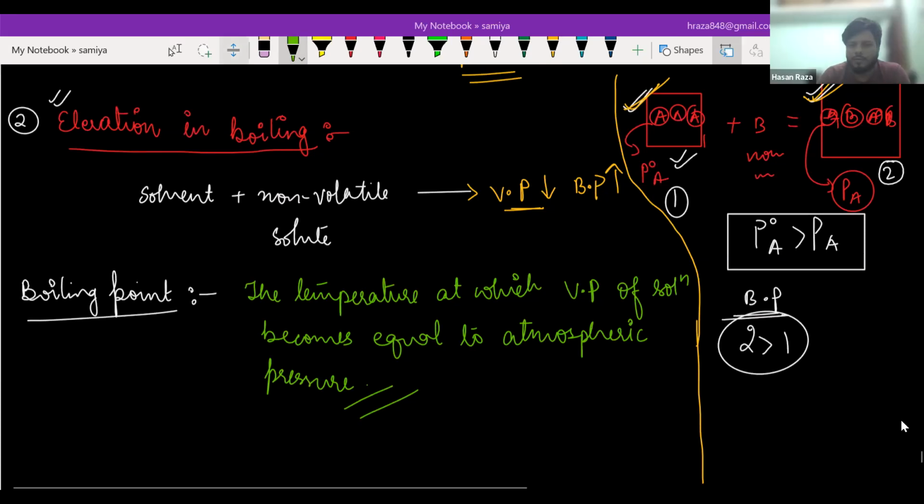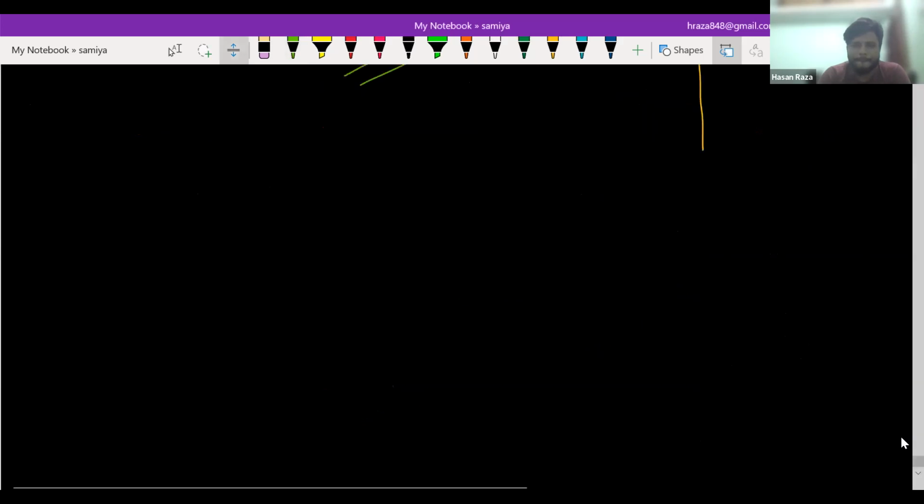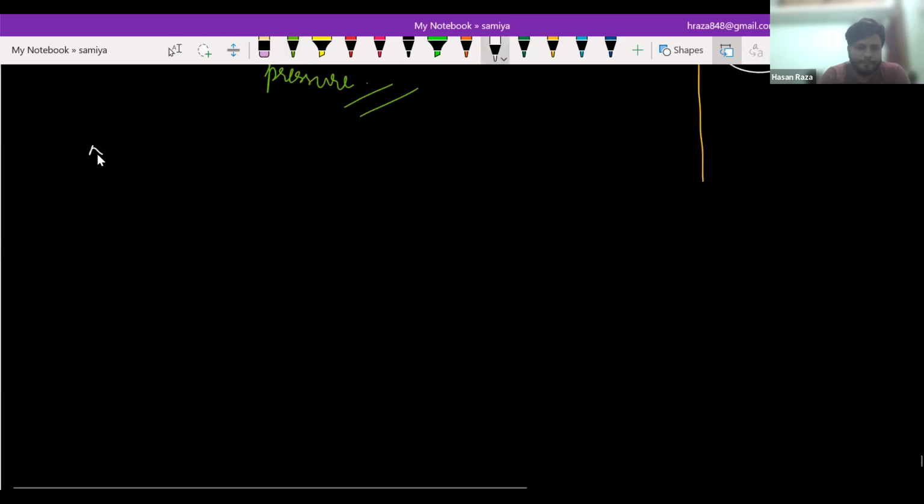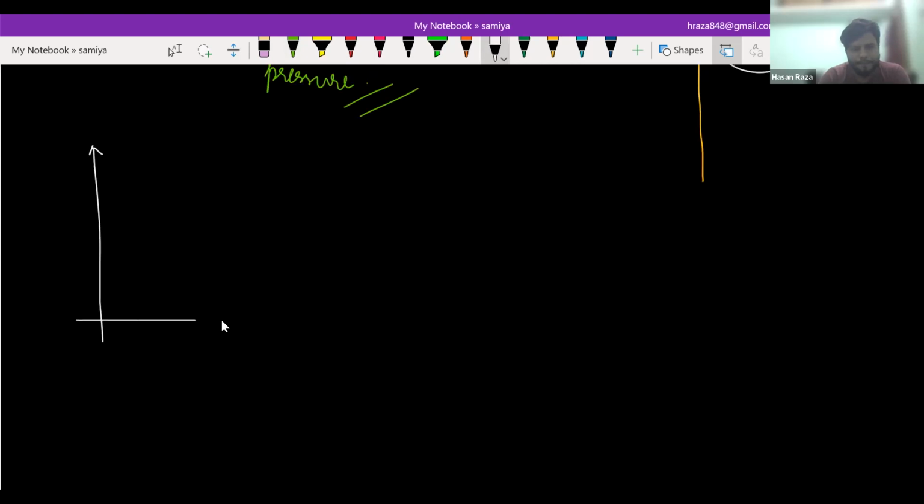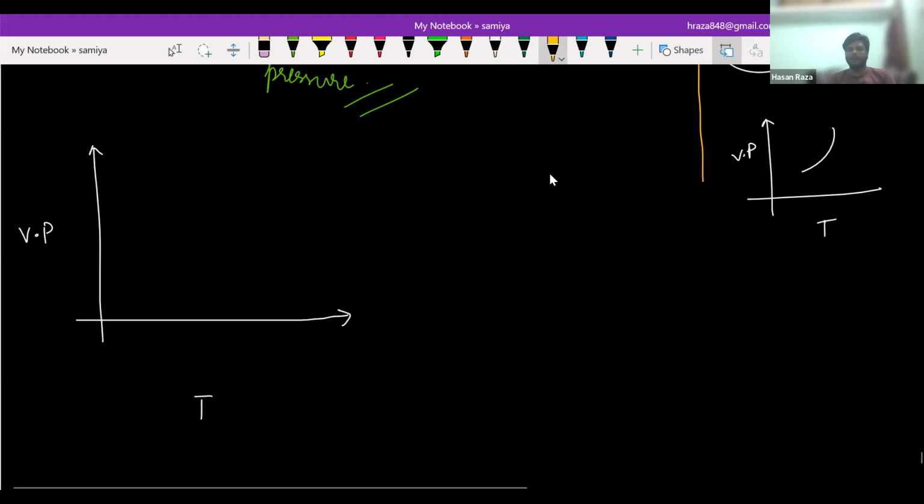Now see, I'm going to plot a graph. This is the graph between temperature and vapor pressure that we have already done. This is the graph for the vapor pressure of any substance versus temperature. In this graph, I'm going to plot for solvent as well as solution.